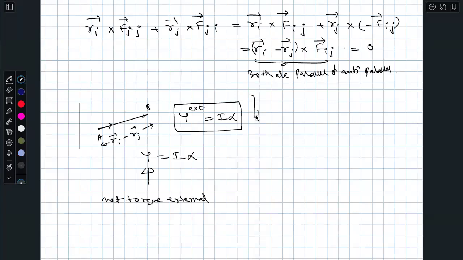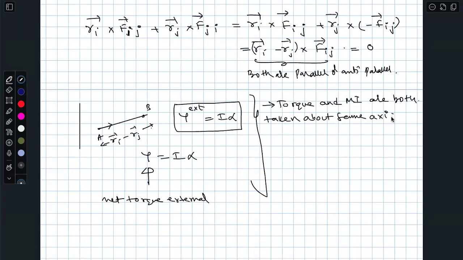And number two, an important observation, remember this point well: the torque and moment of inertia are both taken about the same axis. That is the first point.